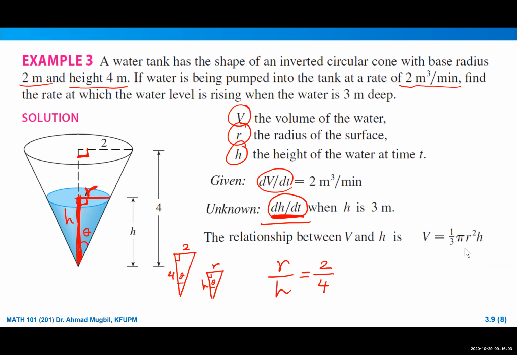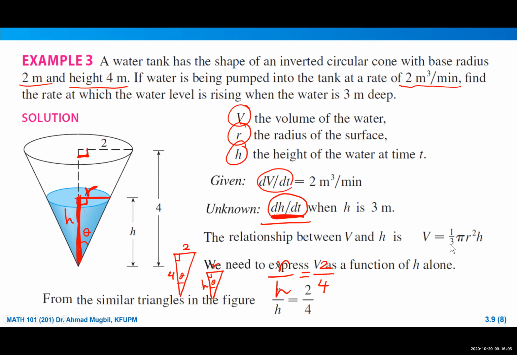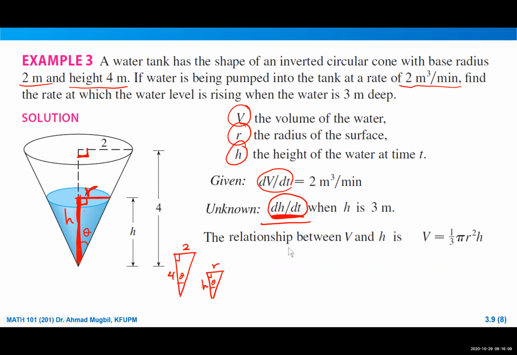So, yes. How can I know the d what over d what? From the question, which water level? The water level here, is it the height or the radius? I mean the unknown, the dH over dt. Yes, this is what I'm talking about, Abdul Aziz.